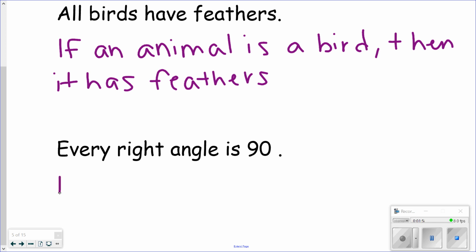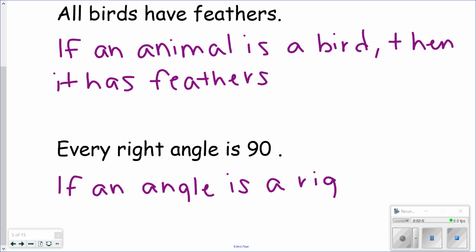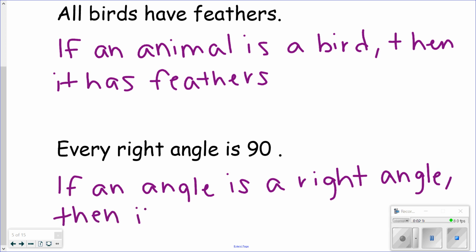So I'm going to write that: if an angle is a right angle, then it is 90 degrees. So for both these examples, all we did is we looked at the sentence and made it some type of if-then statement. If blah, blah, blah, then blah, blah, blah.